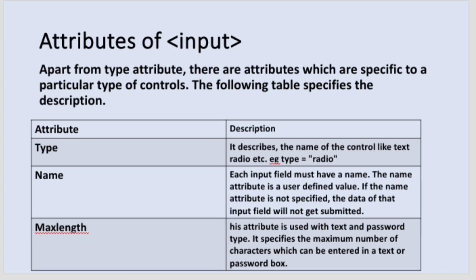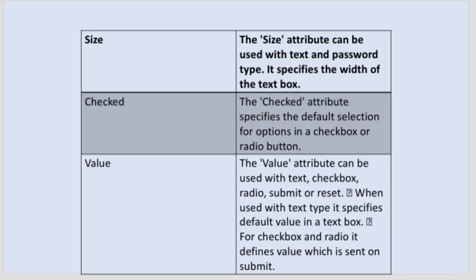We can make a big size also and a small size also. So further we have size. The size attribute can be used with the text and password types. It specifies the width of the text box. Height and width are specified by it.